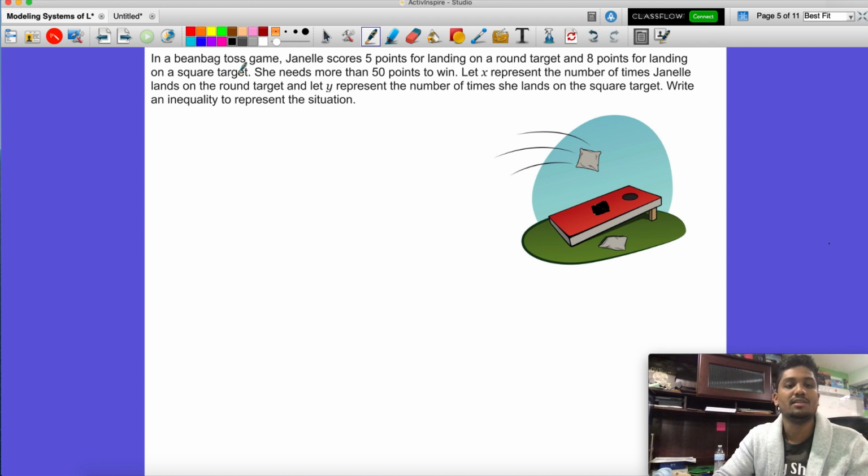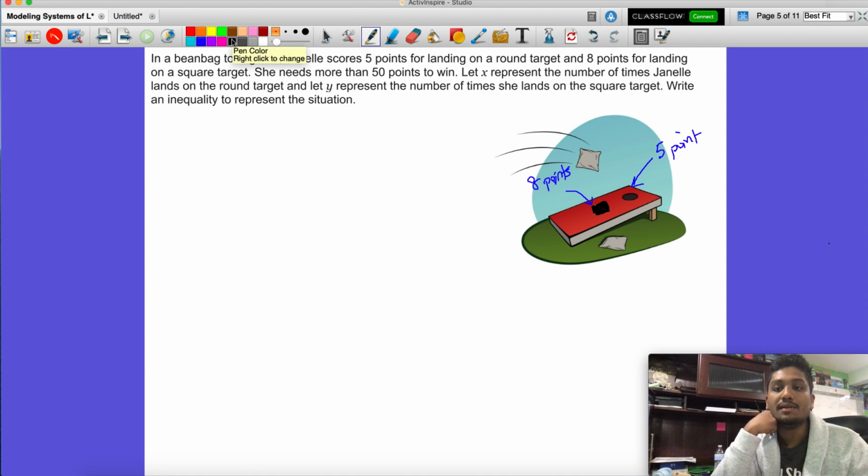Just pretend that's what it is, and we know that she is going to score 5 points every time she goes into a round target, and for the square target, she gets 8 points. All right. As I'm reading this, I like to pause and write down whatever I can.